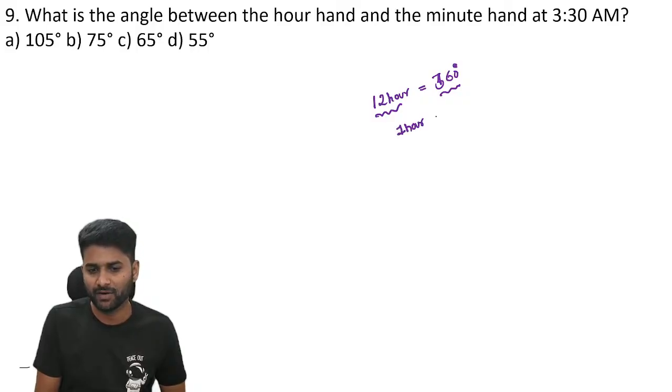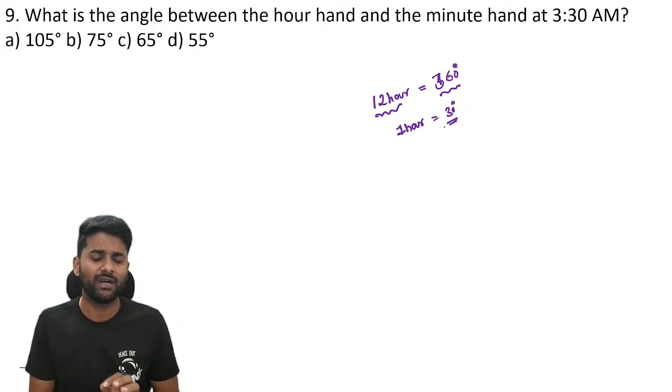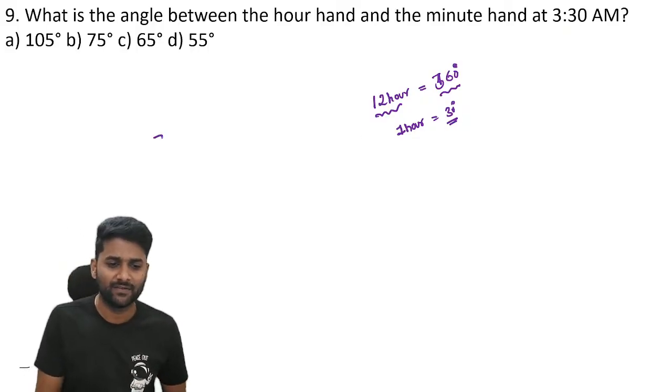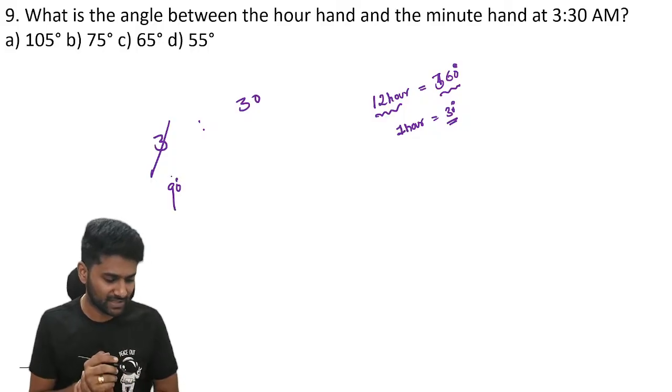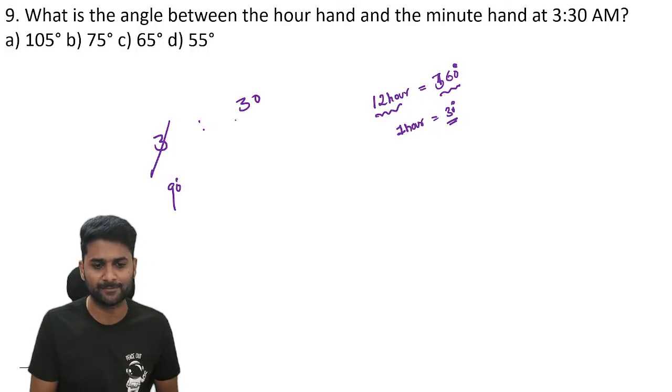So every hour rotation is 30 degrees. Now you have the clock angle of every hour as 30 degrees. For the time 3:30, for every hour it covers 30 degrees. For 3 hours it will cover 90 degrees. So what about this? And you know that the minute hand moves too.